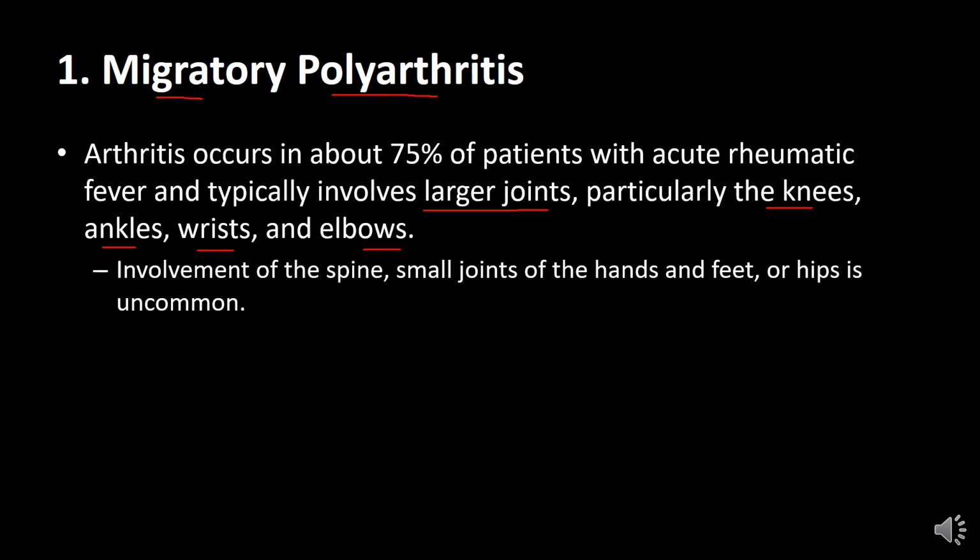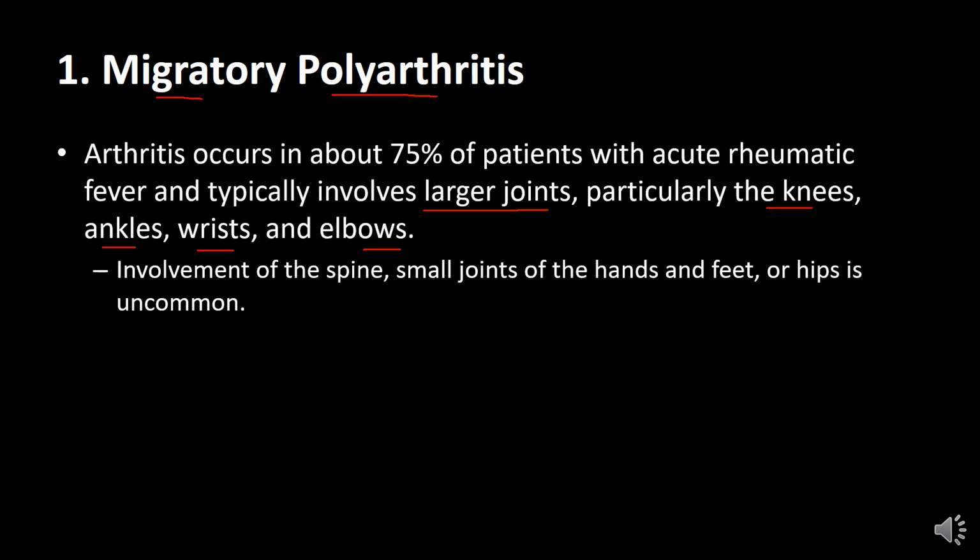If a joint has pus, it is least likely that this child could be having rheumatic fever. Rather, you better be thinking about septic arthritis, which again has its own management criteria. So the arthritis of rheumatic fever affects more than one joint. It's never one joint. They're usually the large joints: the knees, the ankles, the wrists, and the elbows.